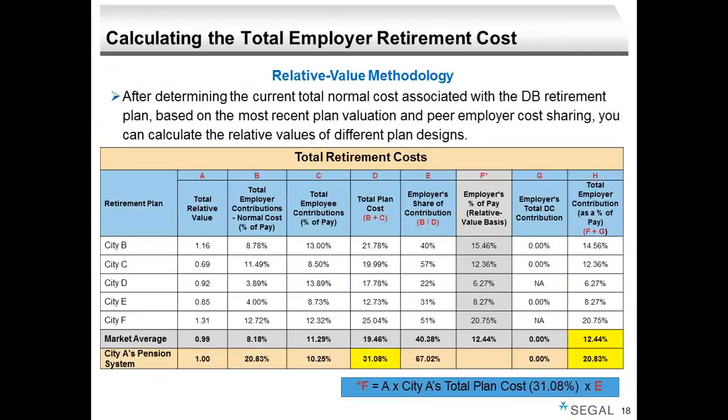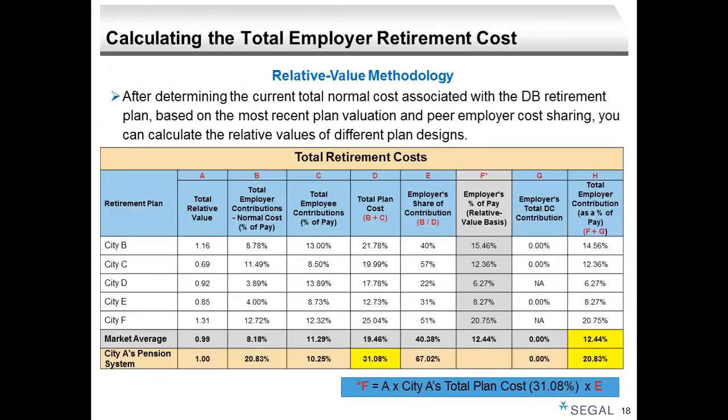And in a similar way, if the relative value is greater than 1, it is richer than our plans, and if it is less than 1, it is not as rich as our plans. So column A shows the relative values. Interestingly, you'll see there's a market average row of 0.99. So on average, across these 5 cities, the relative value of their plans are pretty much equal to City A's.